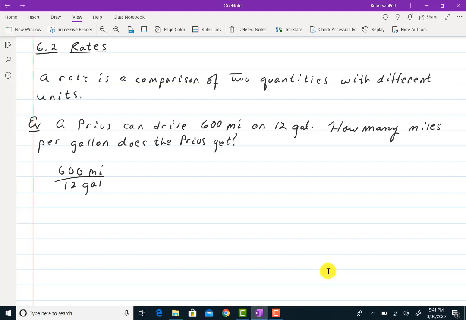So there's a rate. Notice I used a specific word, 600 miles per. That's the key word, 12 gallons. Anytime you see the word per, you know you're dealing with a rate.